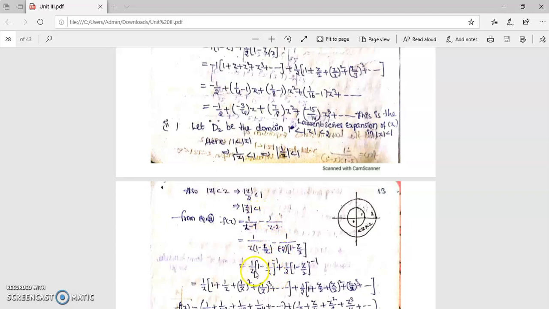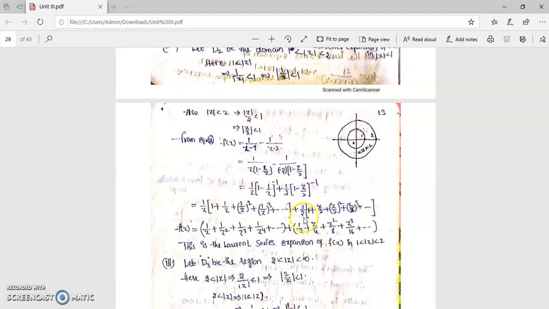Therefore we can write 1/z (1 - 1/z)^(-1) + 1/2 (1 - z/2)^(-1). Since 1/z is less than 1 and also z by 2 is less than 1, we can expand these functions. After expansion and simplification we get the Laurent series.